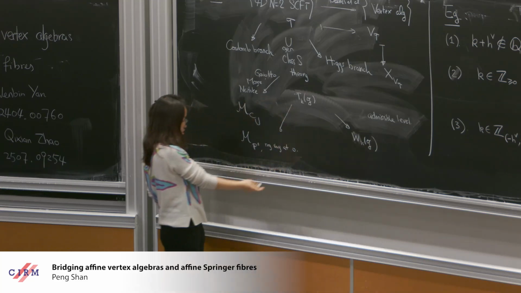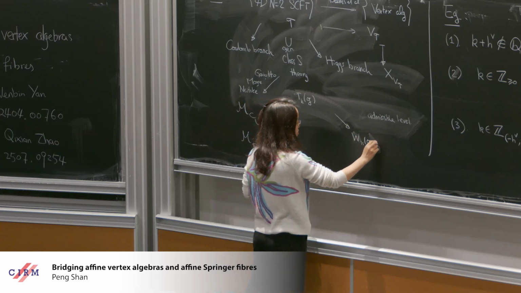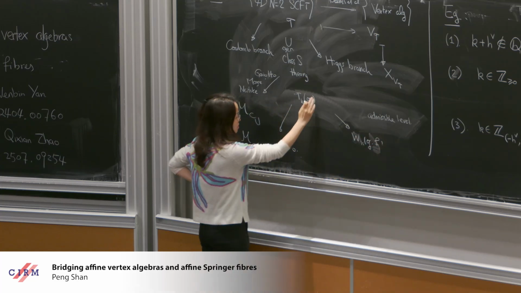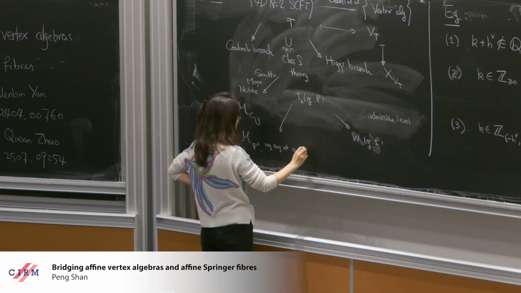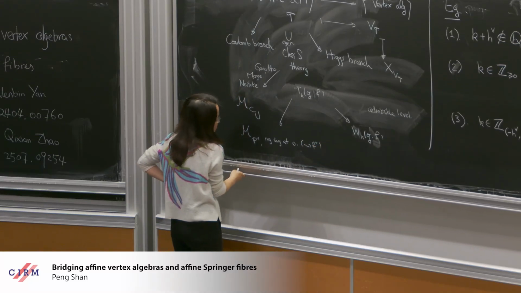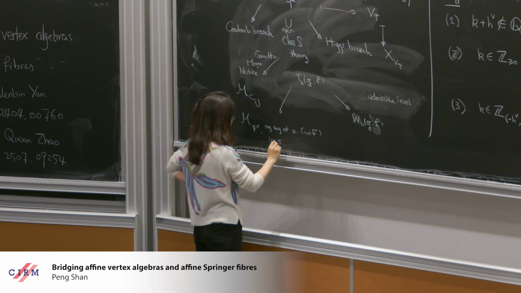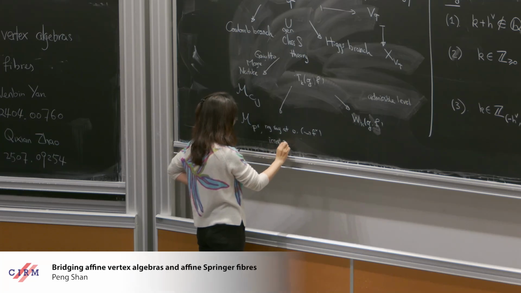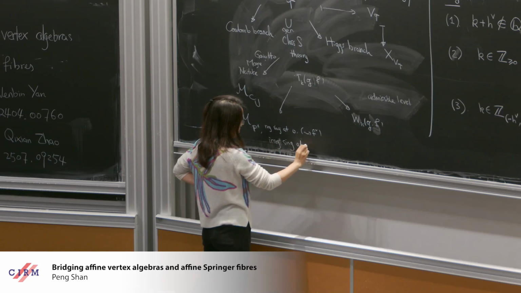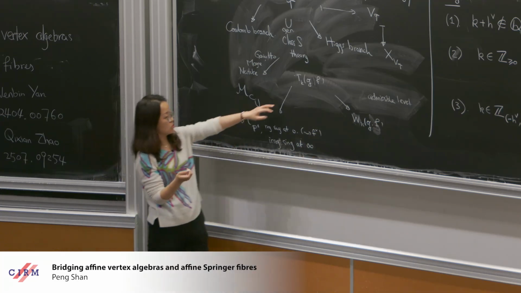The type of regular singularity at 0 will depend on the type of the nilpotent element, so this is related to f dual actually. And then there's an irregular singularity at infinity, whose order of pole is related to the choice of this k.